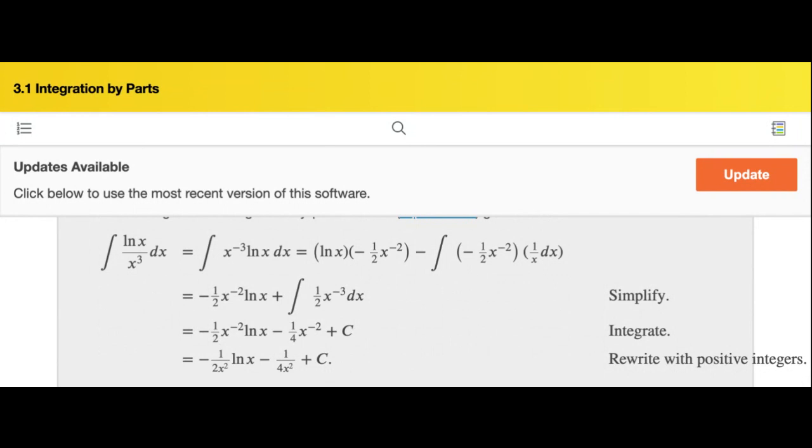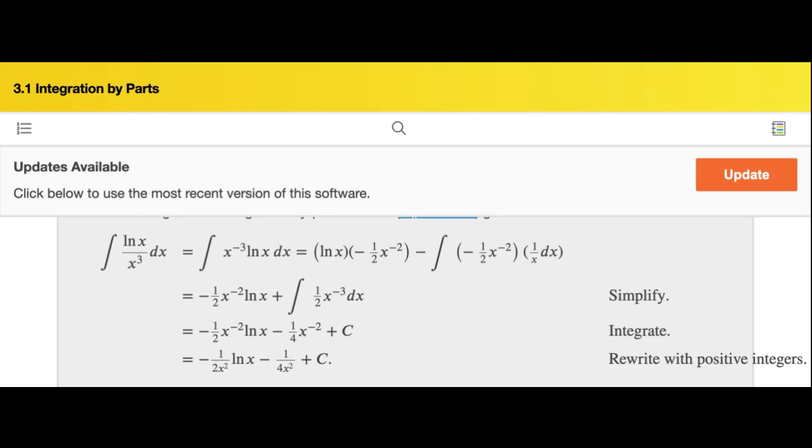Okay, so as you can see, the job is to identify who is going to be u and who is going to be dv. Sometimes, if one way doesn't work, we just go another way. If we identify u and dv and it won't work, then we just switch.